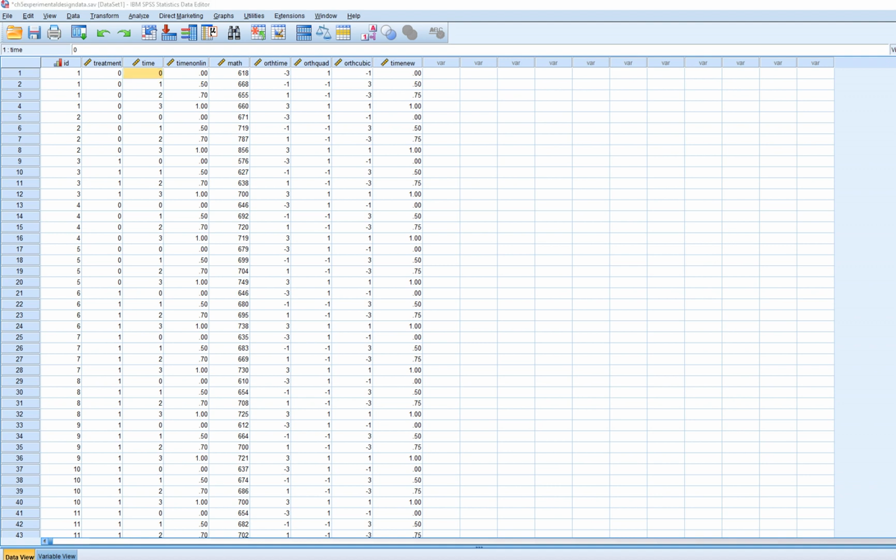As a bit of a refresher, when we're looking at growth curves, keep in mind that we're looking at change over time on some variable. And so in this case, we'll have student level data. We have measurements at time 1, 2, 3, and 4.